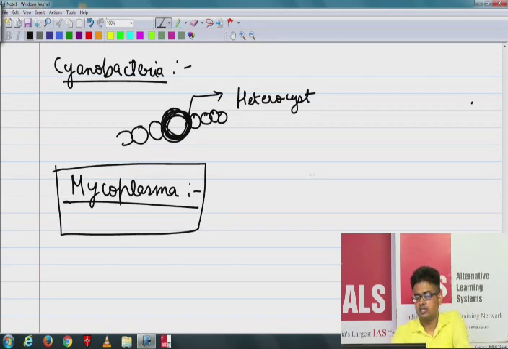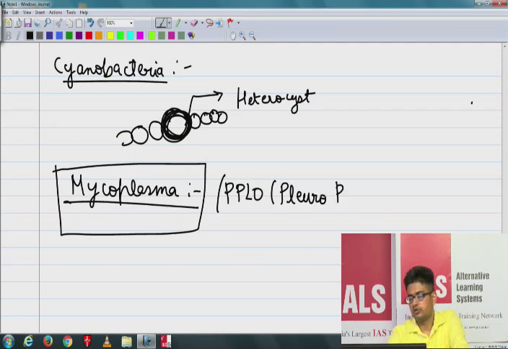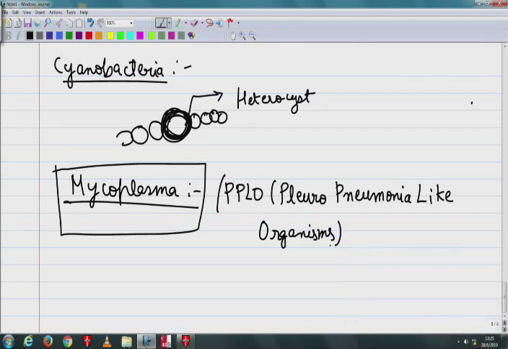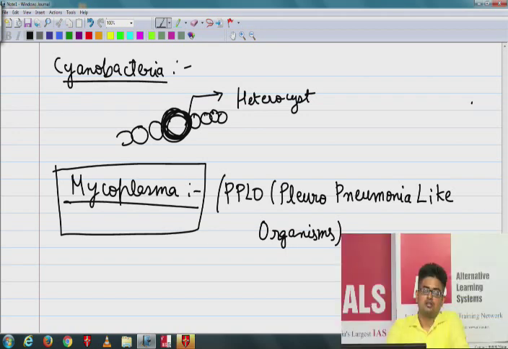Okay. Mycoplasma, it is also called PPLO, pleuropneumonia-like organisms. Mycoplasma were discovered by two scientists. Their names were Nocard and Roux.